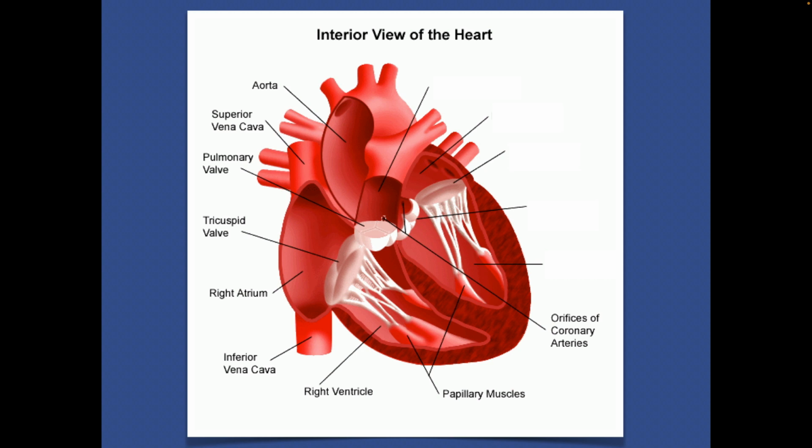So let's see, who's next? Kyle? It's this chamber here. The left ventricle. And then, let's see, which one is it? Okay, and then Koa, it's this valve here. It kind of goes behind and goes out there. Aortic. Yeah, there you go. Okay.